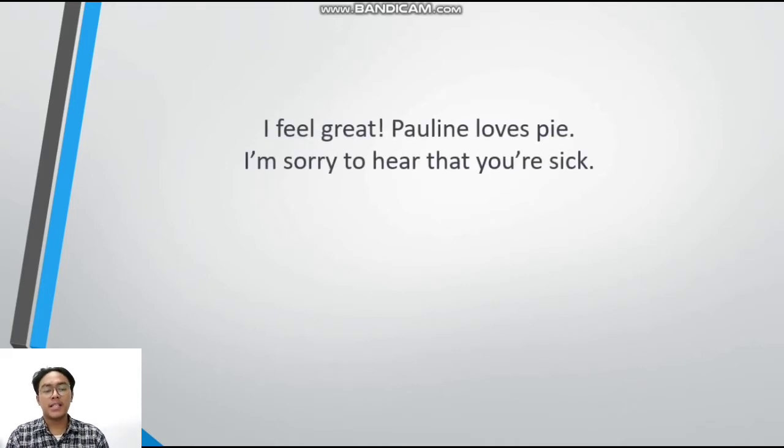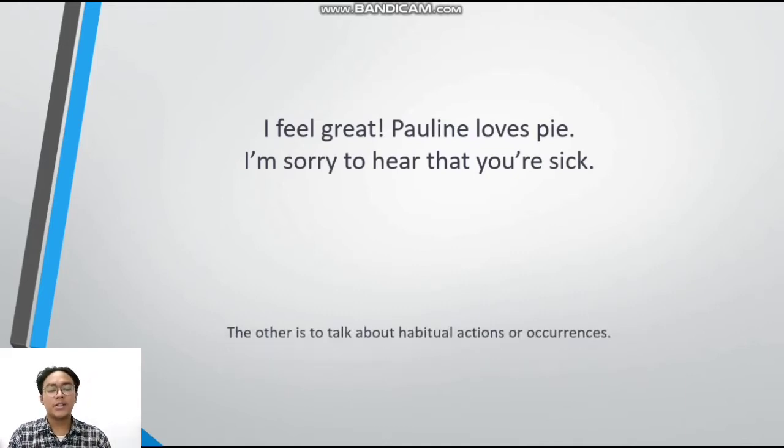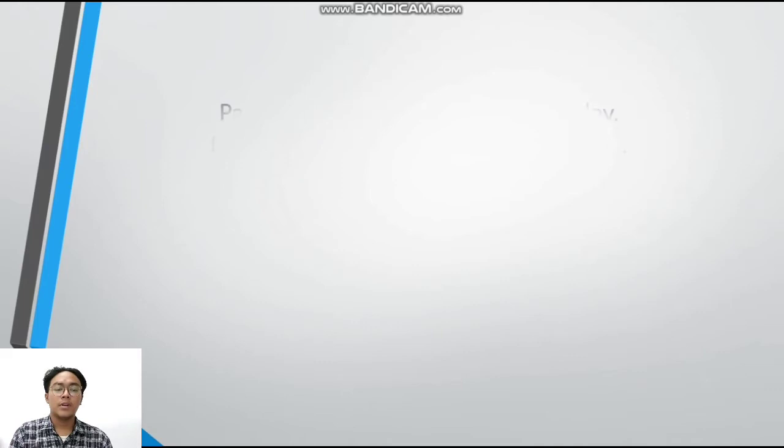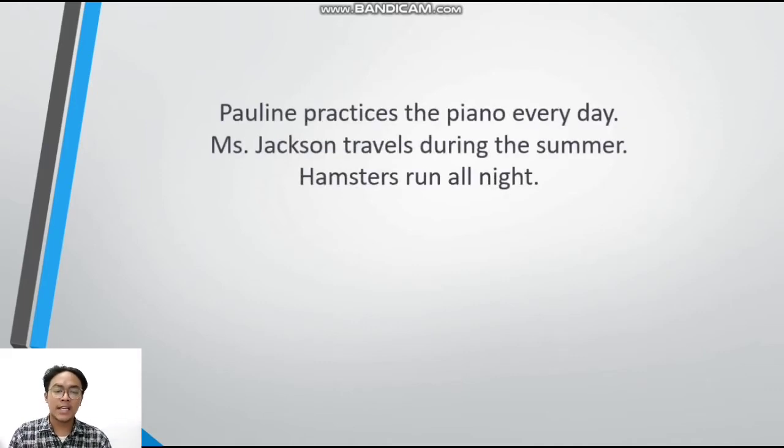For example, I feel great. Pauline loves pie. I'm sorry to hear that you are sick. The other use is to talk about habitual action or occurrence. For example, Pauline practices the piano every day.